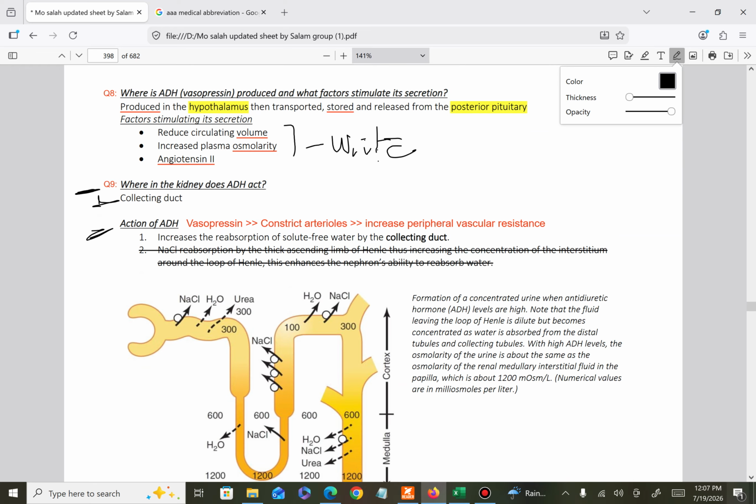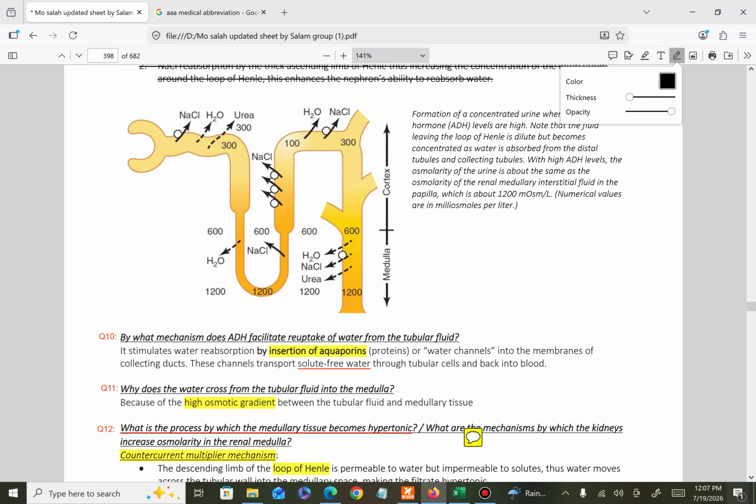Action of ADH: basically it has two functions. One, it increases the peripheral vascular resistance, and the other, it increases the reabsorption of solute free water by the collecting duct. So it increases water reabsorption and constricts the arterioles to increase peripheral vascular resistance.